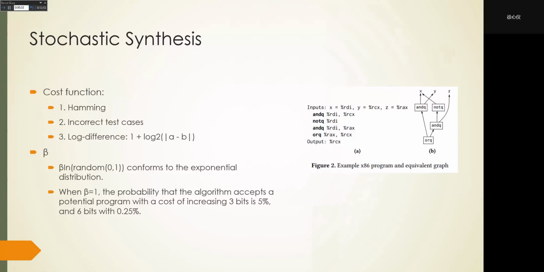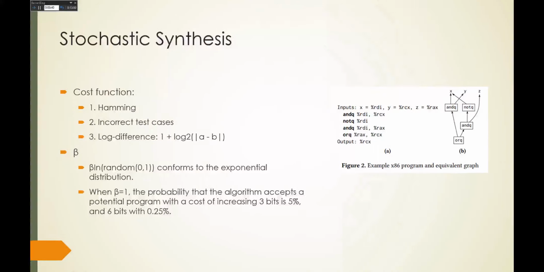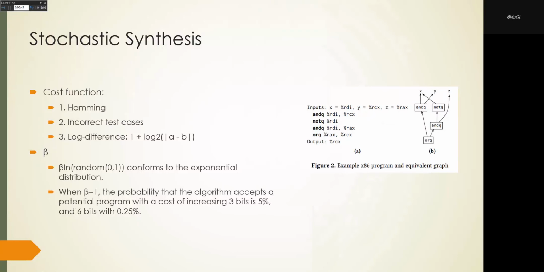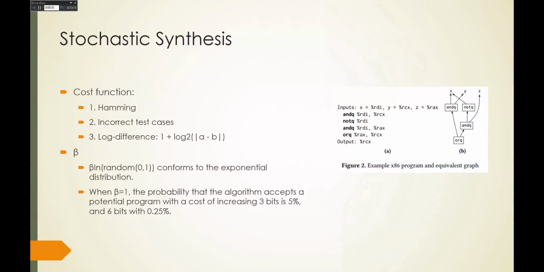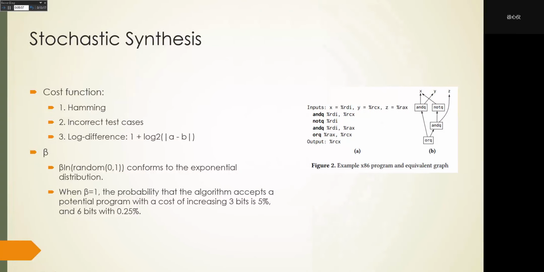adaptive restart strategy. We need to specify beta. We design beta so that it conforms to an exponential distribution, which means that, actually I didn't get it in the paper, but I think I have understood the essential meaning of beta.